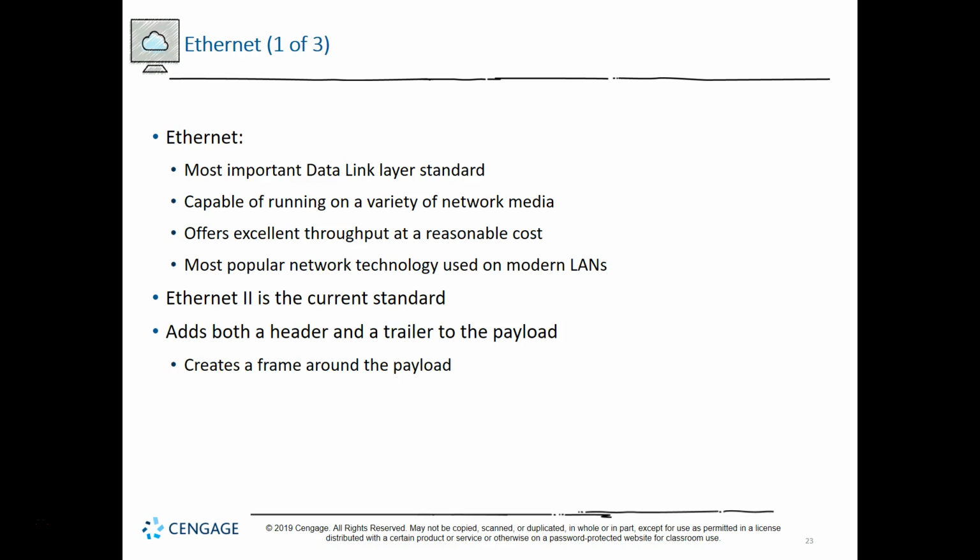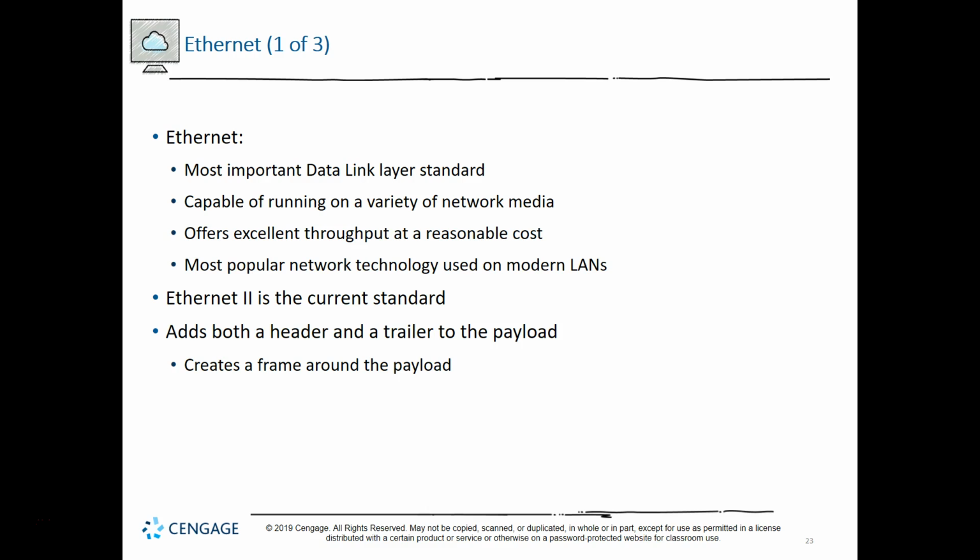And then finally we get to the Ethernet layer. That Ethernet layer is really what makes this whole thing work because it adds a header and a trailer. So it encapsulates that data we have, and remember that data also includes two layers of headers.